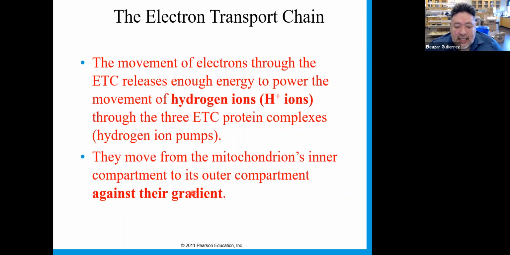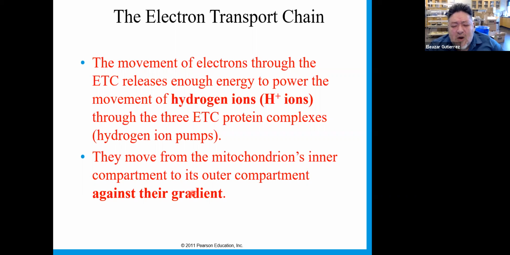What? This is incredible. So these high energy electrons power proton pumps, and those proton pumps move protons from the mitochondrial matrix out into the intermembrane space against their gradient. Think about that for a second.